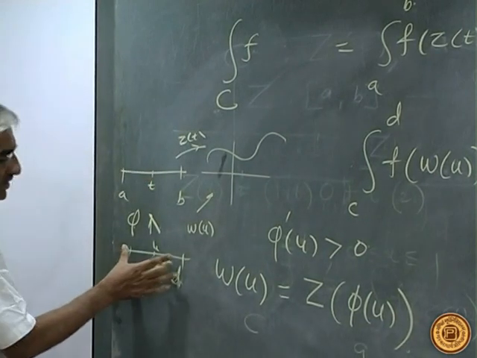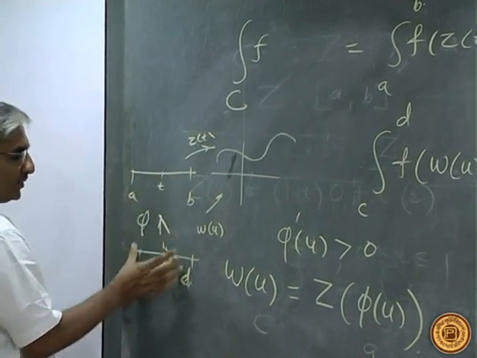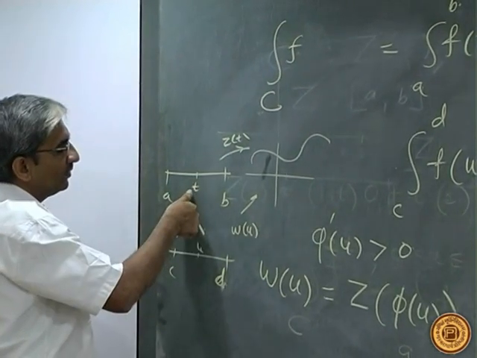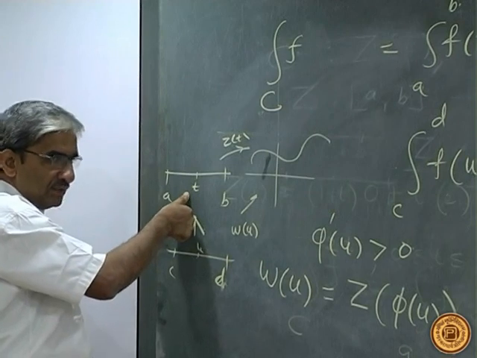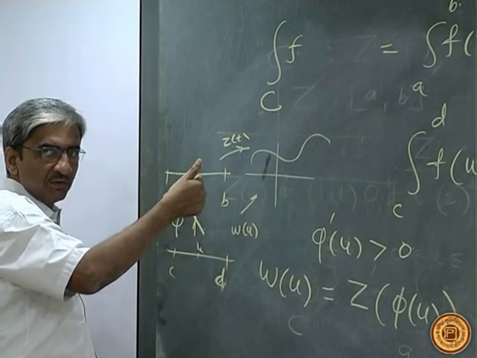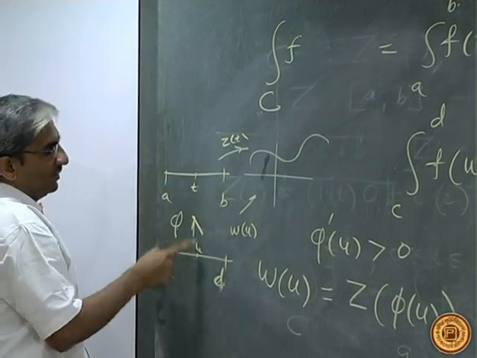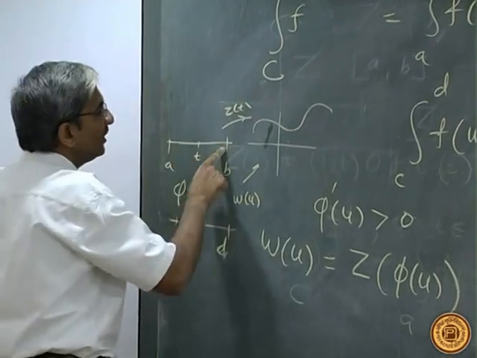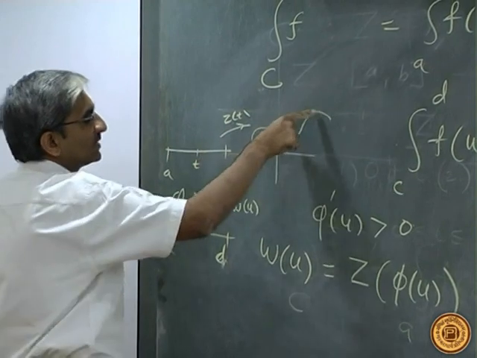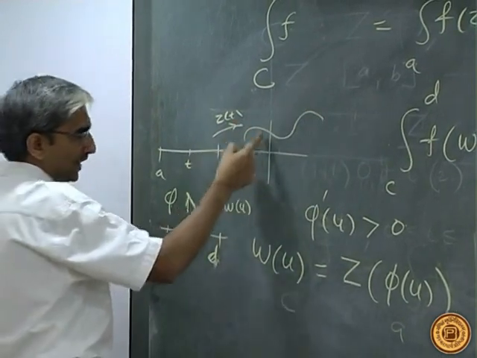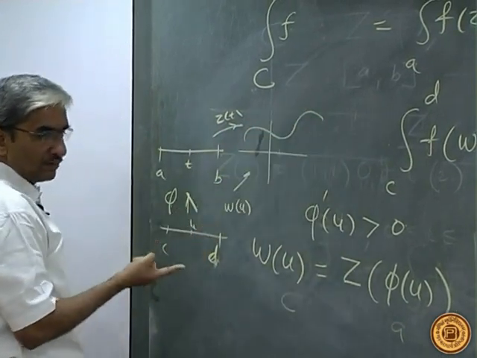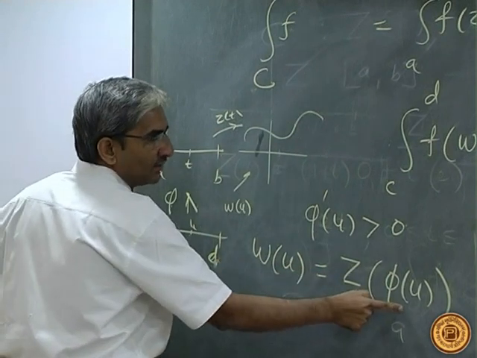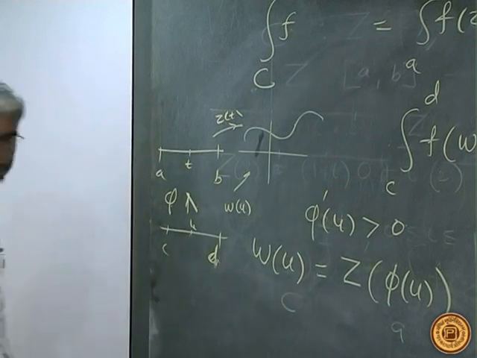This parameterization means there is some function which carries [c, d] to [a, b], and phi(u) is t. So it is as if substituting t equal to phi(u). So z(t) will become z(phi(u)). Once you go to [a, b], you apply z. So you get this curve, and w is the other parameterization of the curve. So two parameterizations will be related by a transition function like this.